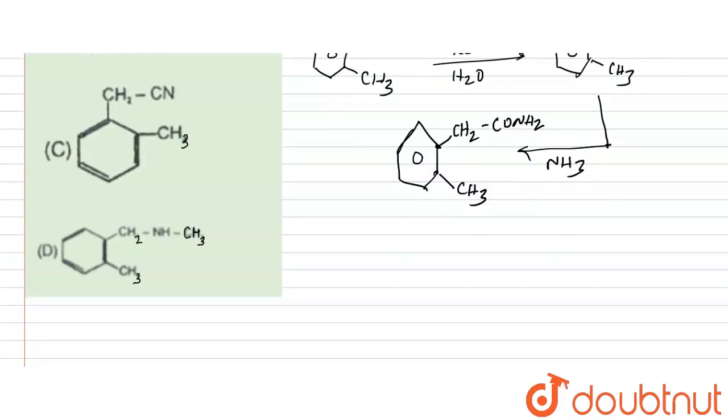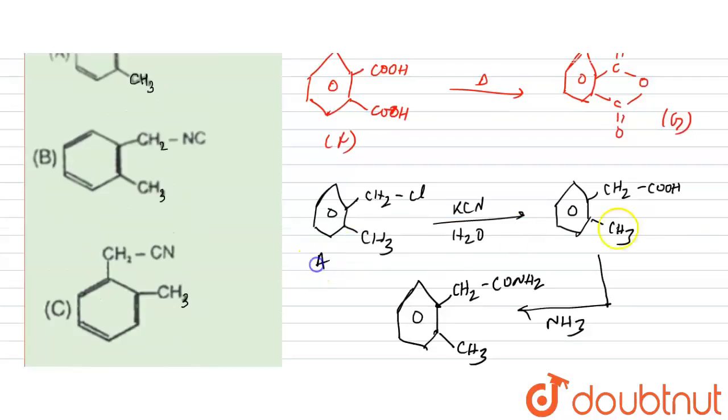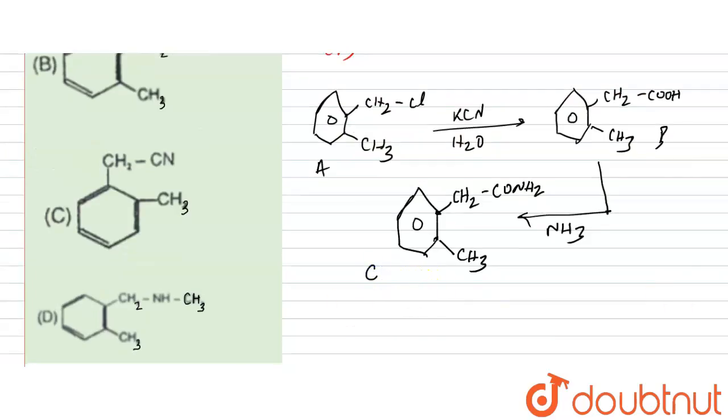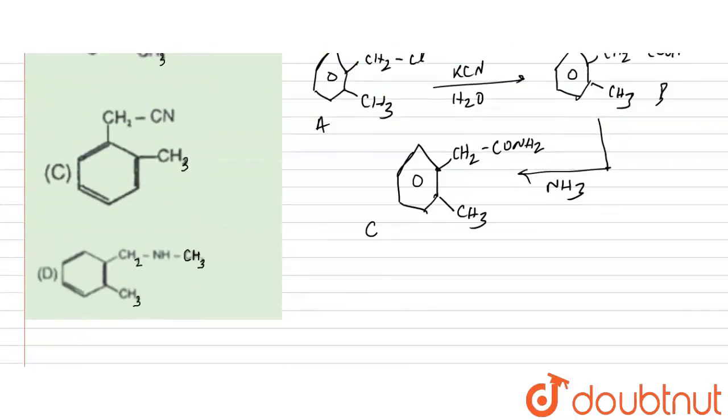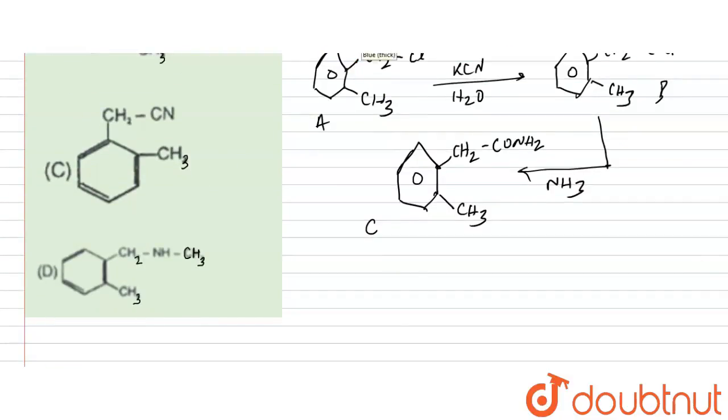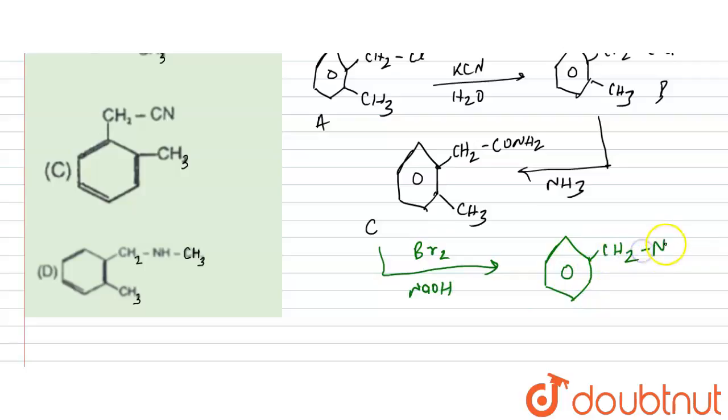So this was compound A, this is compound B, this is compound C. Now after C, you need to treat it with alkaline solution of bromine. When you treat it with Br2 and NaOH, the Hoffmann bromamide reaction is performed, where you get the formation of an amine like this, CH2NH2, and here CH3 will be attached.